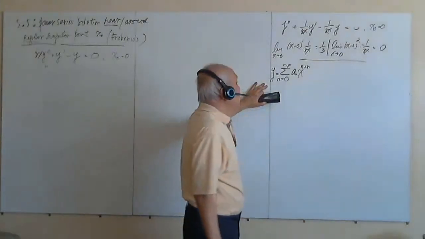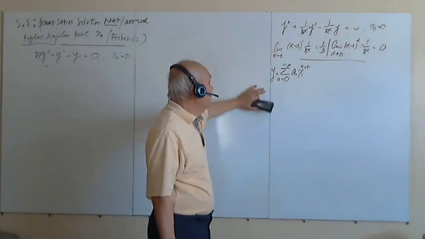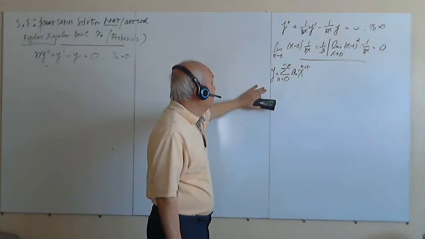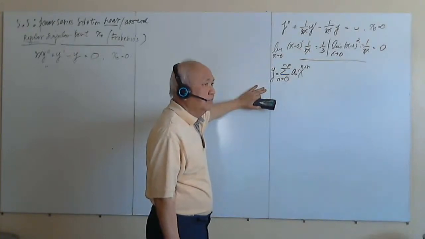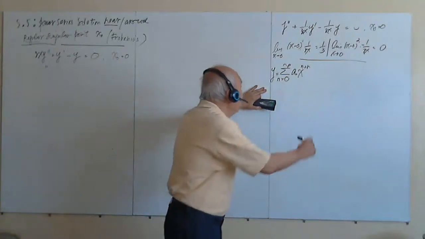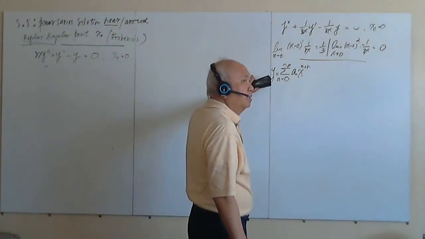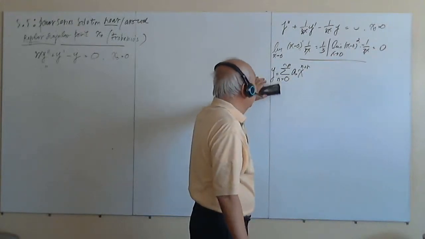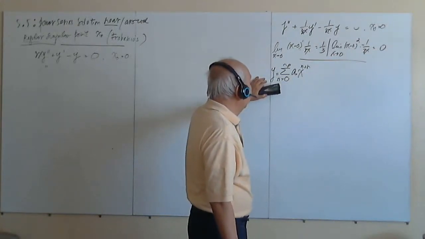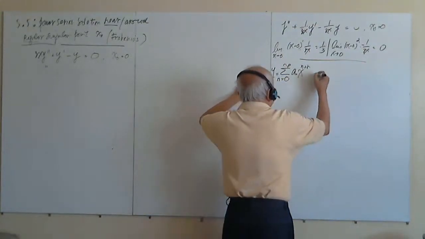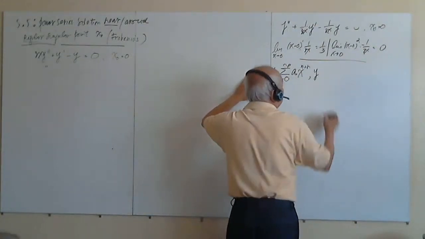So the only difference between this one and the ordinary point case, which is 5.3, I believe, is that there we don't have any r. The only thing in 5.3 is that we got only n as far as the exponent for the x is concerned.